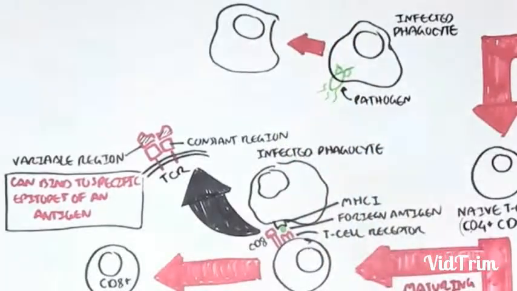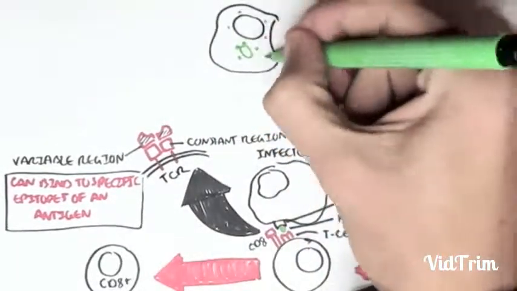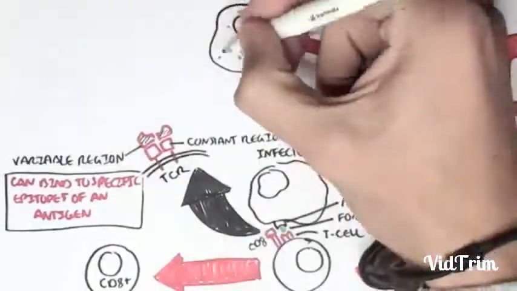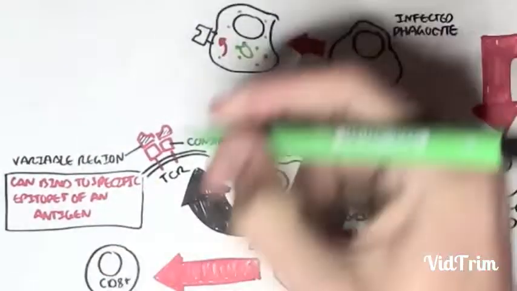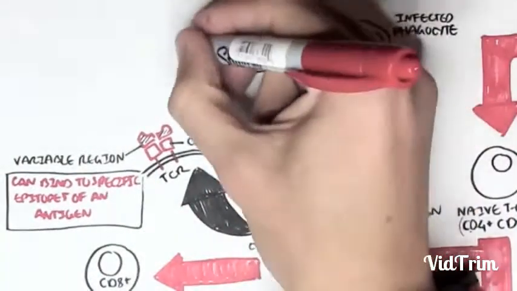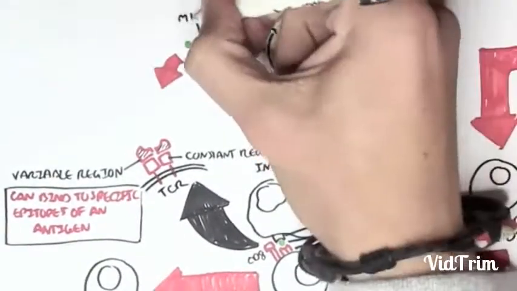However, during this time, the infected phagocyte will also process this pathogen and take its antigen, and then present it on a major histocompatibility complex class 1 on the cell surface.